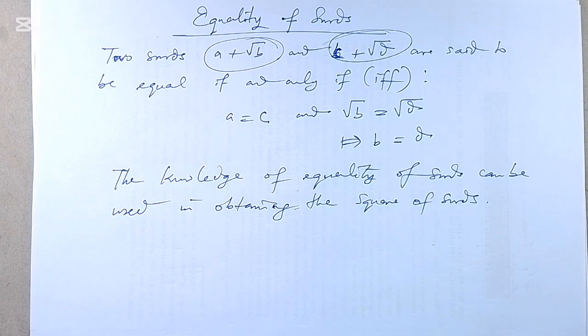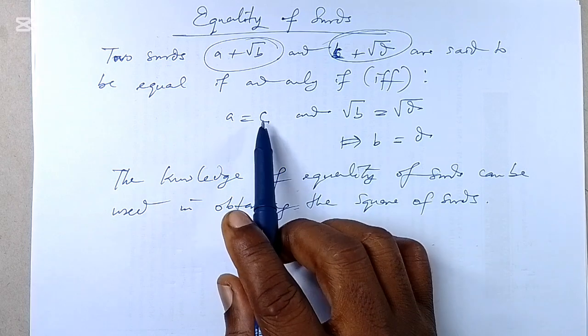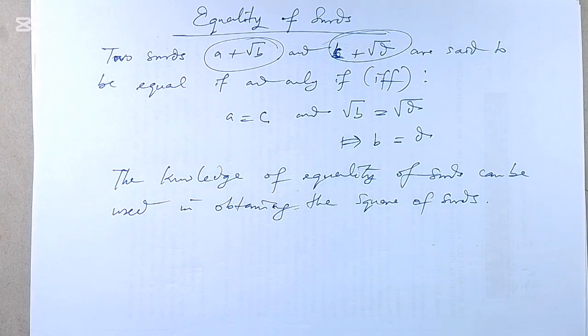So maybe before now you never knew that one can actually find the square root of a surd. Please take note. Yes, it can. You can actually find the square root of a surd. Now, for you to find the square root of a surd will require the knowledge of equality of surds. So the knowledge of equality of surds is not a waste.